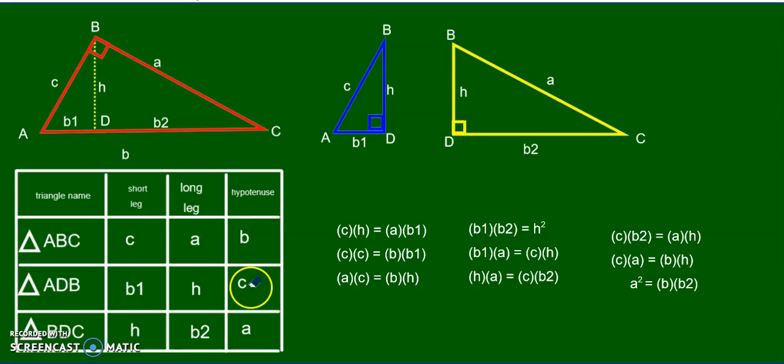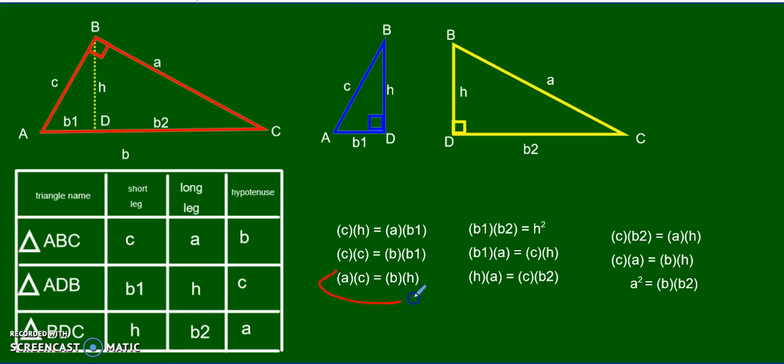So if you pick any four, for example, I can say A times C equals B times H. You got that here somewhere. A times C equals B times H, right? And some of them repeat.